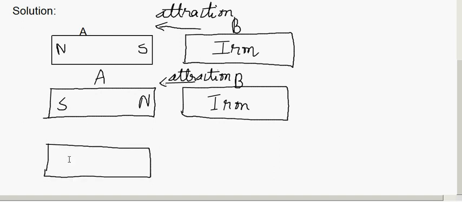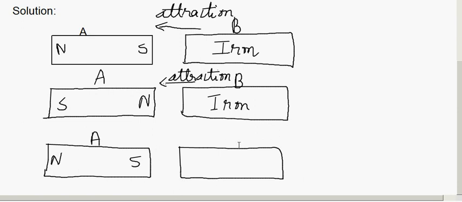So let us say bar A is magnetized and we have north and south pole here. If bar B is also magnetized, when you put it like this, let us say they attract, then this must be a north pole and on the other side it should have a south pole.